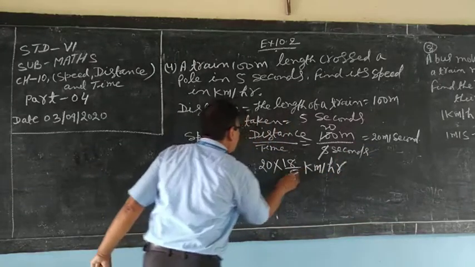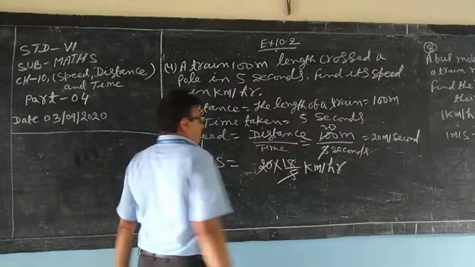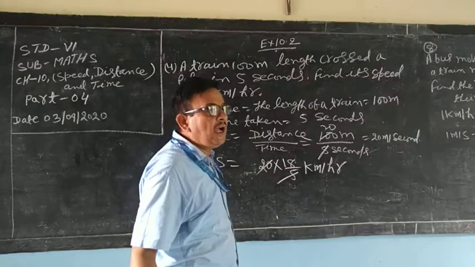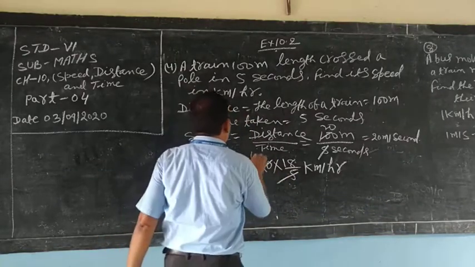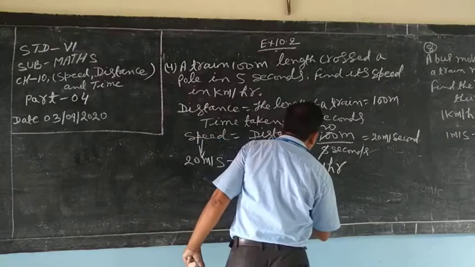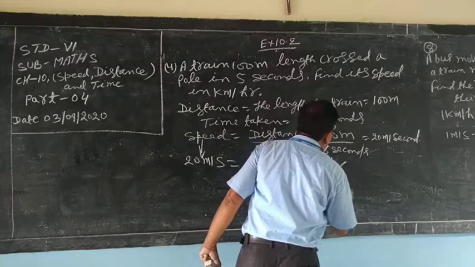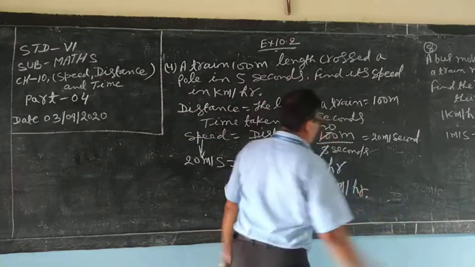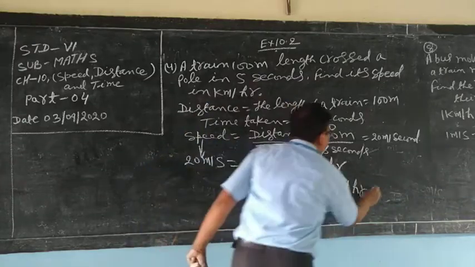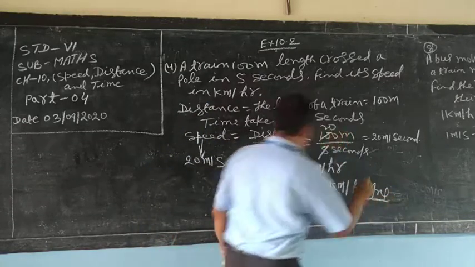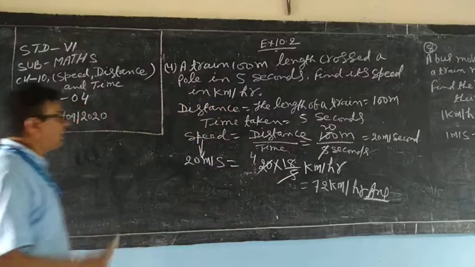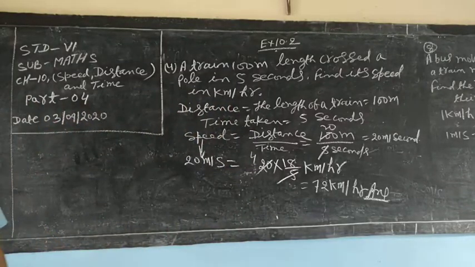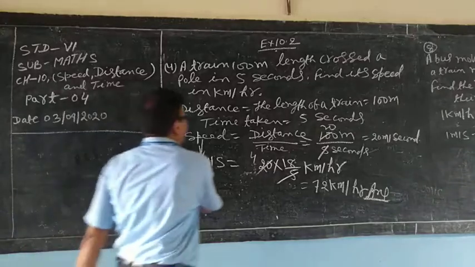Now 20 you will divide with 5, 4 will come. Your answer is 72 kilometer per hour. Understood now? Now the next question is there, 6.